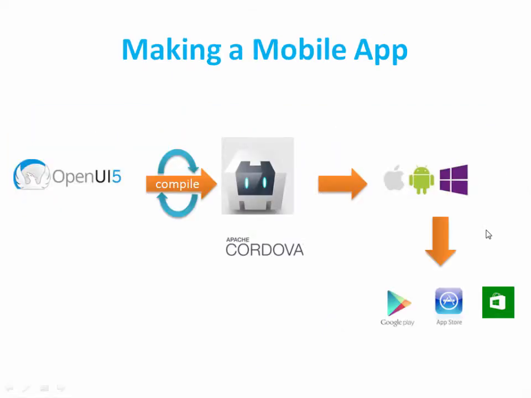If you want to take your effort to the next level, you can also compile your application using the Apache Cordova plugin, which you can add to Eclipse, and then you can convert this UI5 application into native iOS, Android and Windows applications. Then you can also sell those applications in the Google Store, Apple Store and Windows Store.